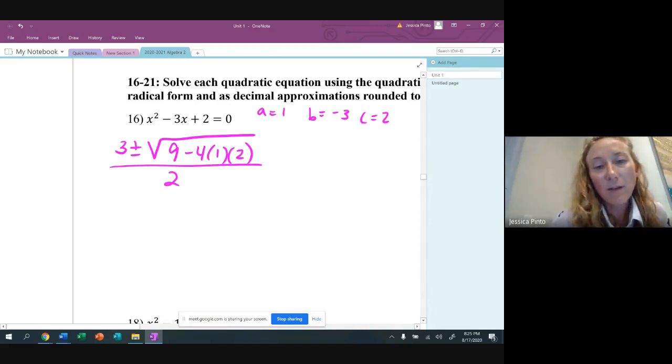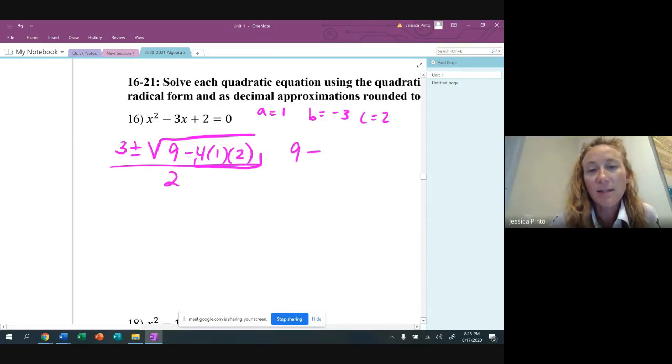Now I'm going to do the multiplication. That's the next step. I do my side work: 9 minus, I know that it's minus because there are no other signs, 4 times 2 is 8. 9 minus 8 is 1. Do we know the square root of 1? Yes, we do. It's just 1.